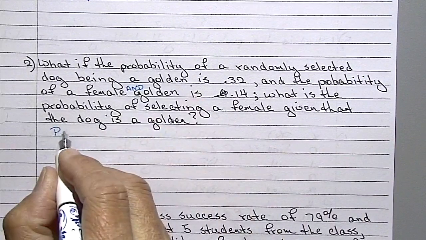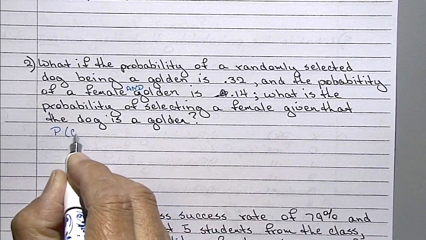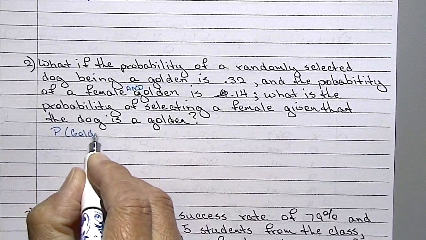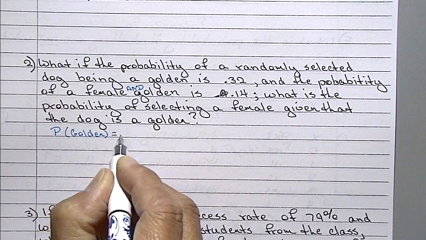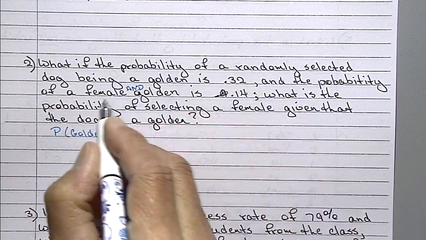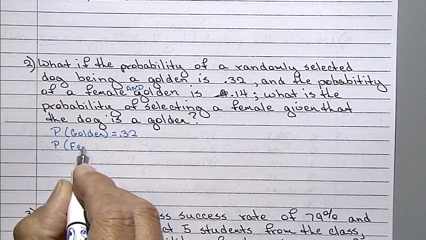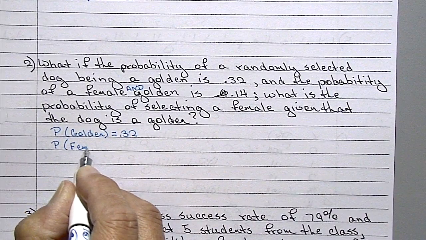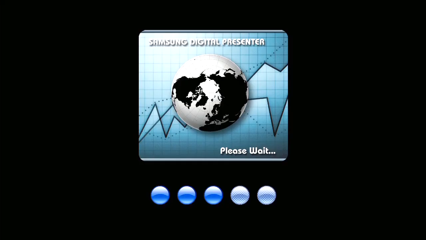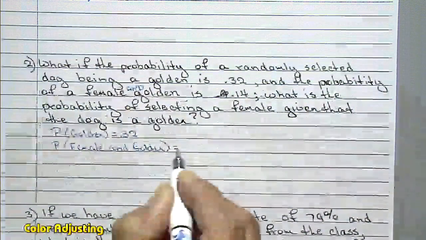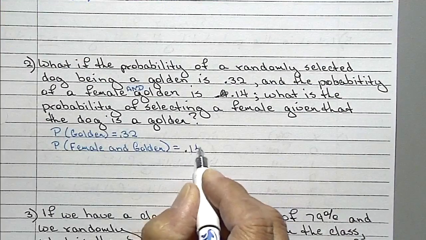Probability of a randomly selected dog being a golden. So the probability of just golden all by itself is equal to 0.32. Probability of female and golden is 0.14, okay?